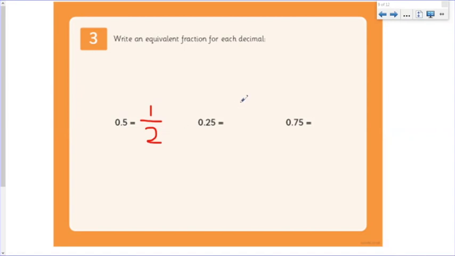The equivalent fraction to 0.25 is 1/4. The equivalent fraction to 0.75 is 3/4. Good job.